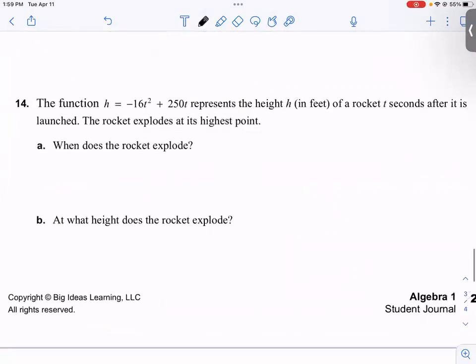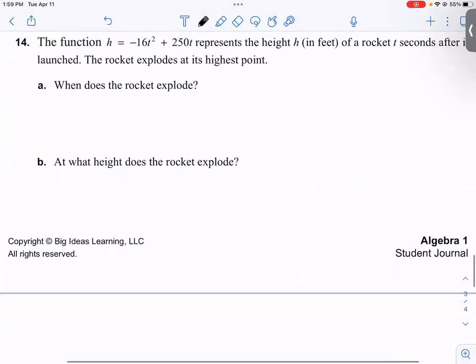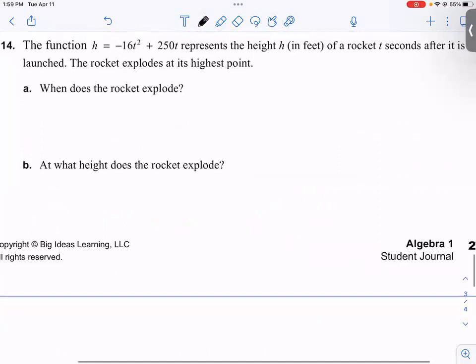Okay, so we're gonna just talk through this problem quick and we'll come back to it tomorrow. Okay, but look at it. Instead of y, we have h. Instead of x, we have t. It's just different letters. Okay, and this is modeling a rocket being launched.